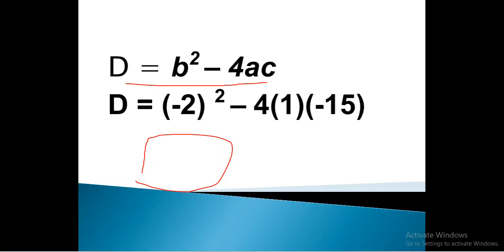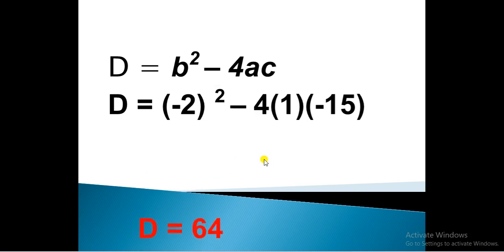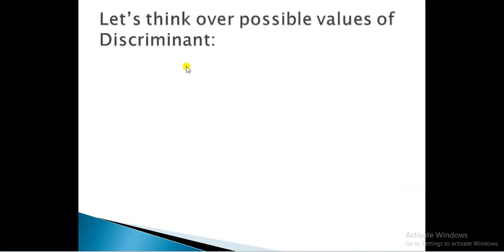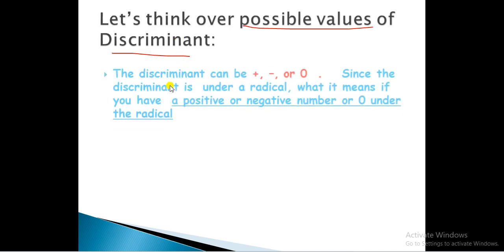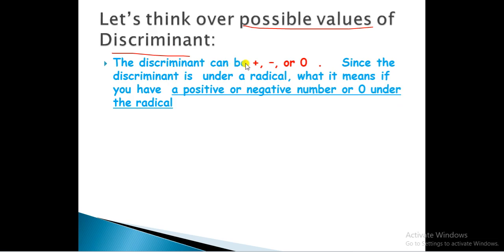Next. Let us think over the possible values of discriminant. In the last slide you see, we got the discriminant value 64, which is a positive number. What happens if it comes negative? If it comes 0? So we will think over that now. Discriminant can be positive, negative or 0.